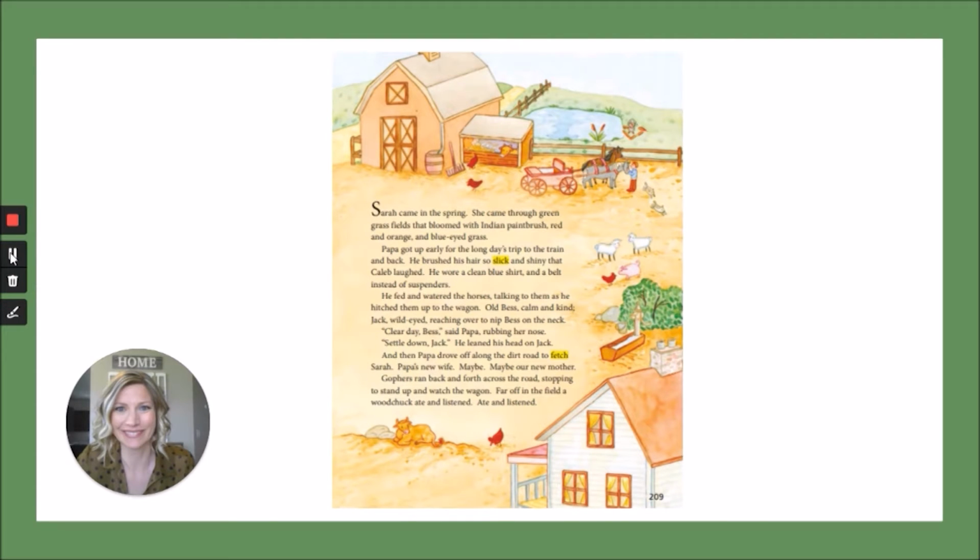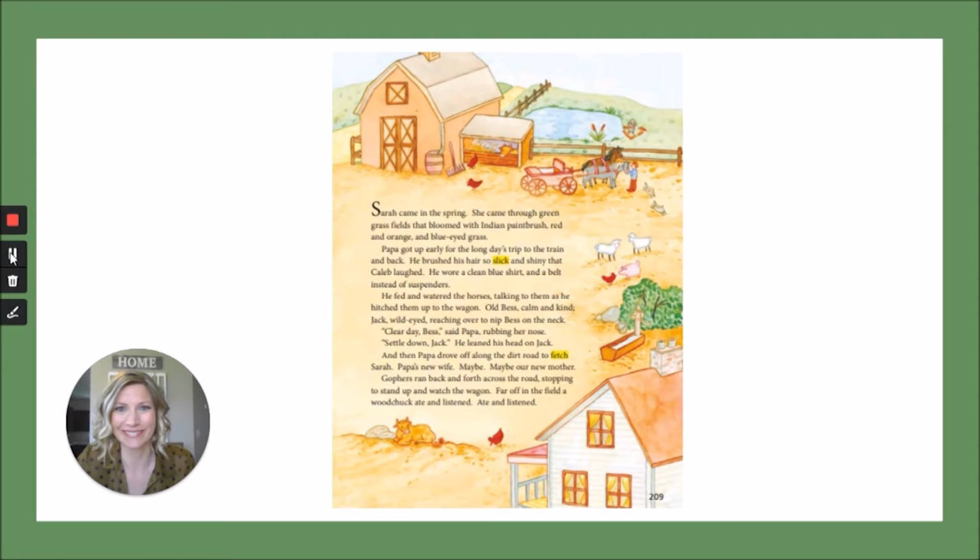Sarah came in the spring. She came through the green grass fields that bloomed with Indian paintbrush, red and orange and blue-eyed grass. Papa got up early for the long day's trip to the train and back. He brushed his hair so slick and shiny that Caleb laughed. He wore a clean blue shirt and a belt instead of suspenders. He fed and watered the horses, talking to them as he hitched them up to the wagon. Old Bess, calm and kind.